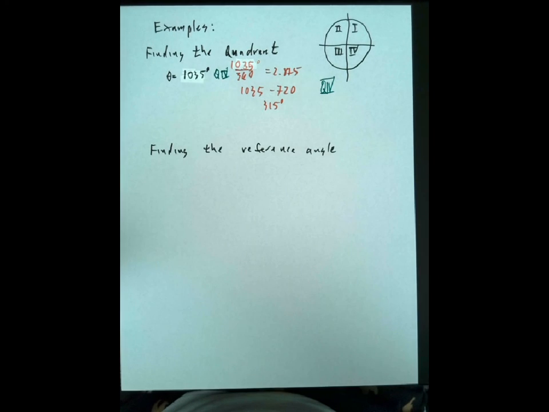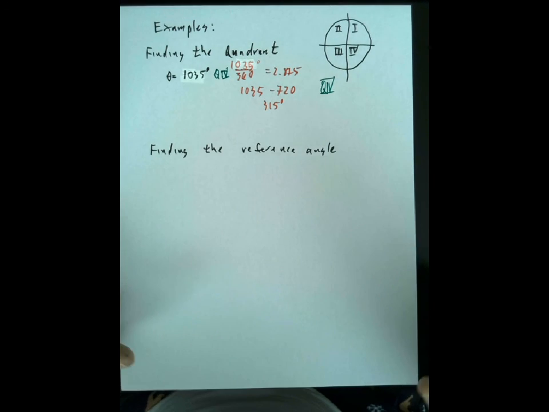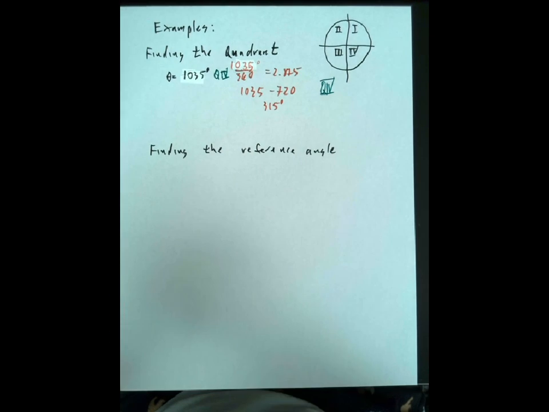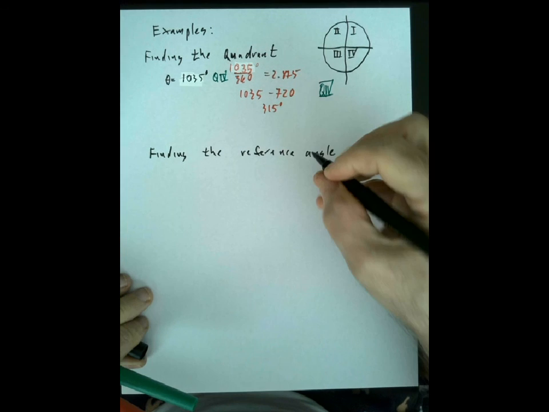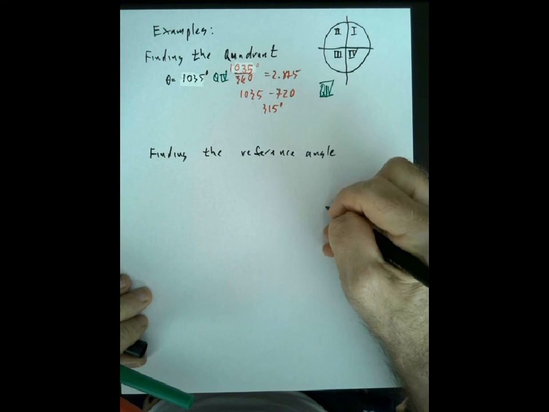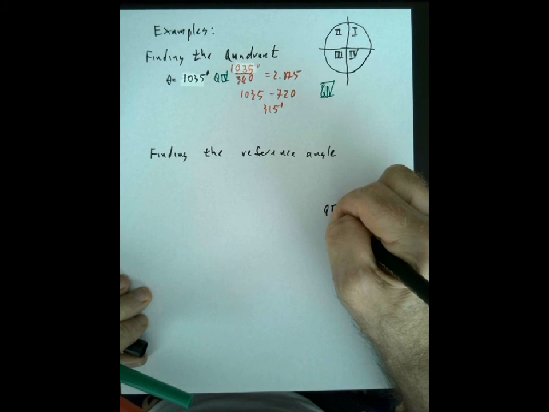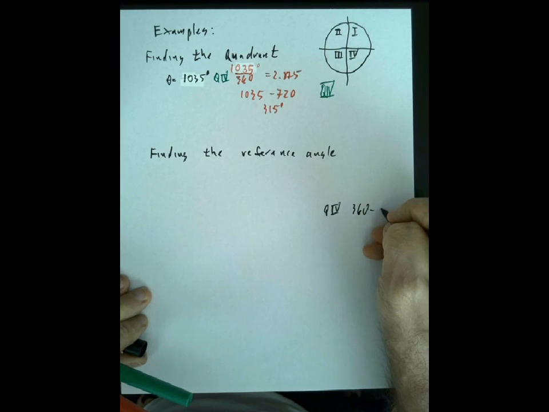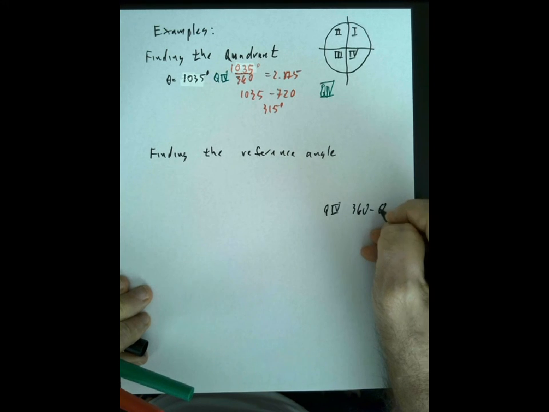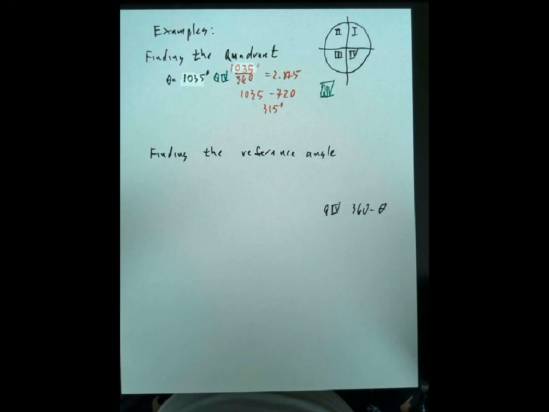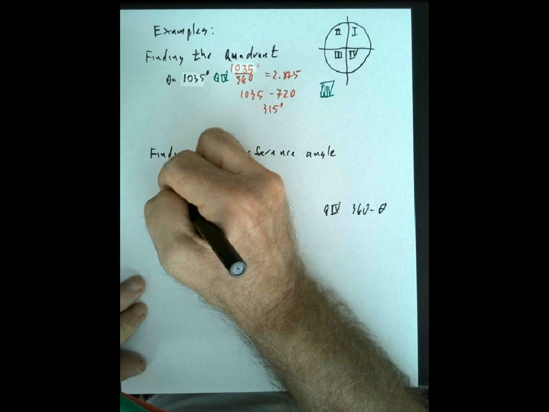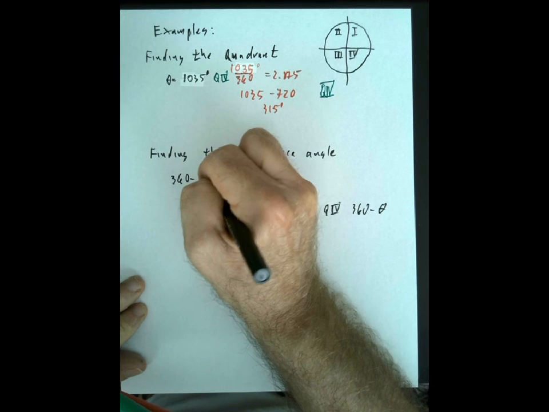Now, what's the reference angle? Since it's 315 degrees, we're going to use our Q4 reference angle formula: 360 minus the angle. So this is going to be 360 minus 315.